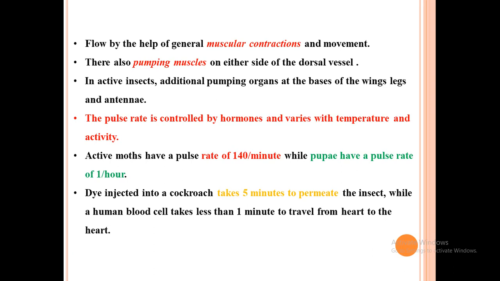If we inject a dye into a cockroach, it will take about 5 minutes to penetrate, while a human blood cell takes less than 1 minute to travel from heart to heart. The flow of blood is slow in insects.